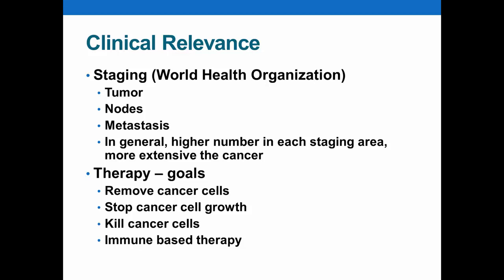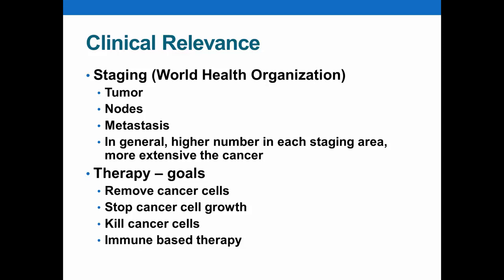The staging system is the TNM staging system, and this is tumor, nodes, metastasis. There's a great example of this in your text, figure 12.23, and it walks you through it. But when we look at TNM, in general, the higher the number in each staging area, the more extensive the cancer.